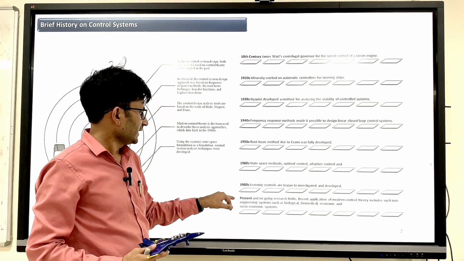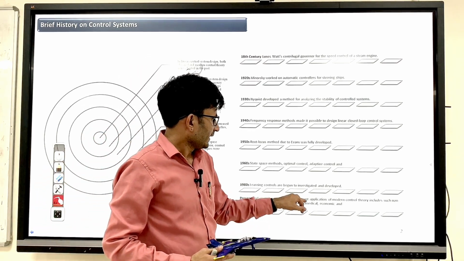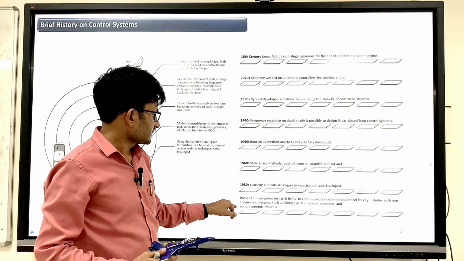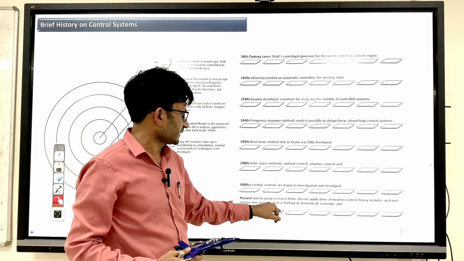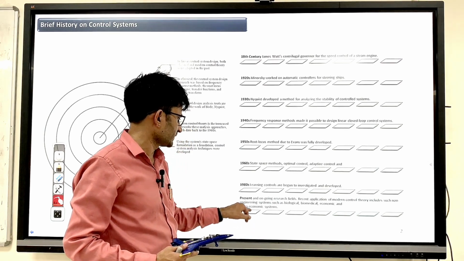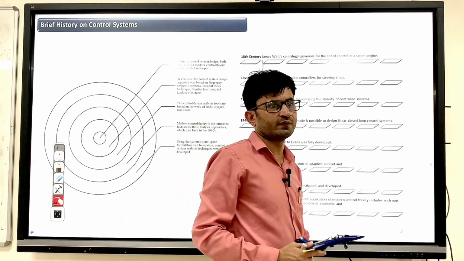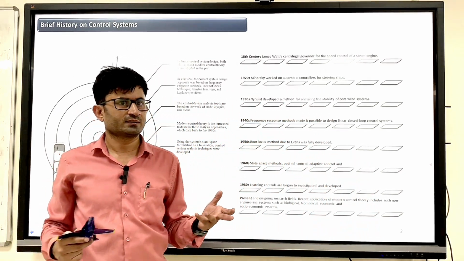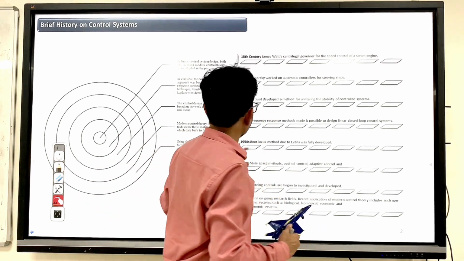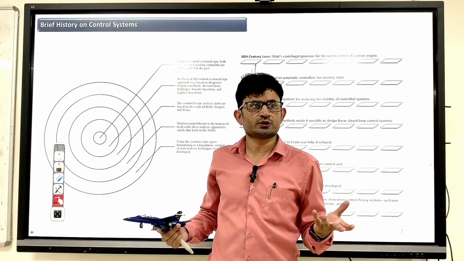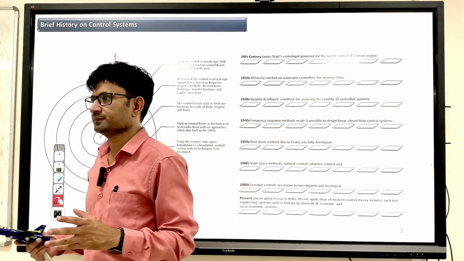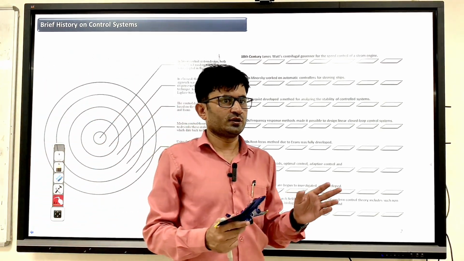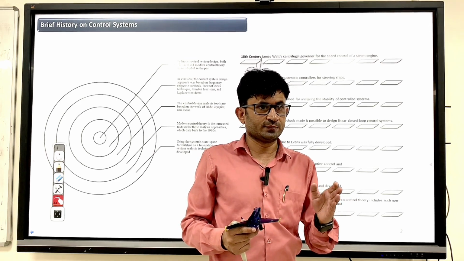Now in present and ongoing research, recent applications of modern control theory include some non-engineering systems such as biological, biomedical, economical, and socio-economic systems. Nowadays, surgery can be performed automatically, right? That kind of advancement has happened. You have heard the names classical control theory and modern control theory, right? Classical control theory generally works in the frequency domain with single input and single output.